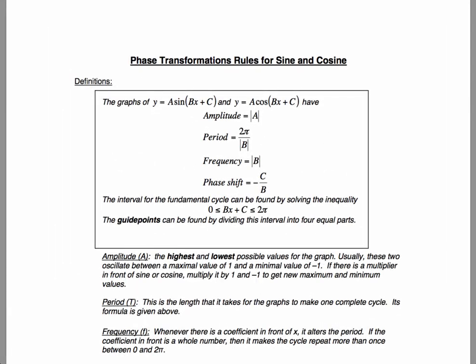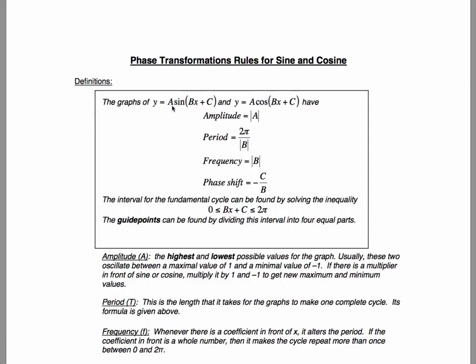Today we're going to be looking at the concept of graphing either a sine or a cosine function. So some basic vocabulary that you must be familiar with is amplitude. The amplitude of a sine or a cosine graph is how far up or down the sine will go.